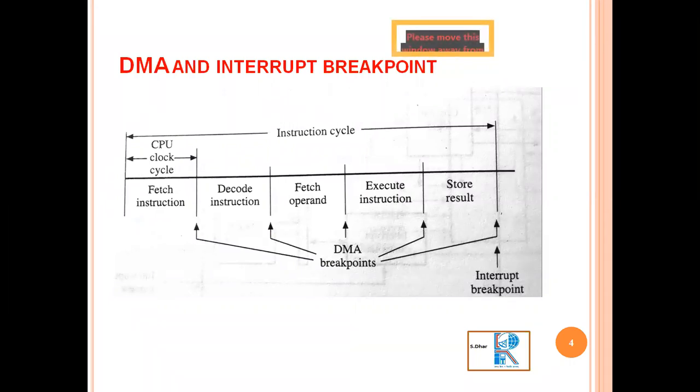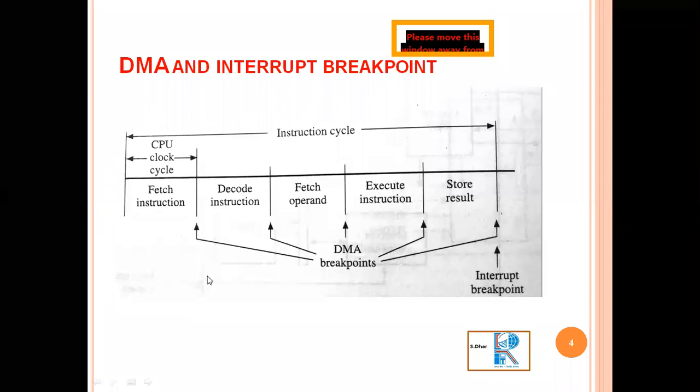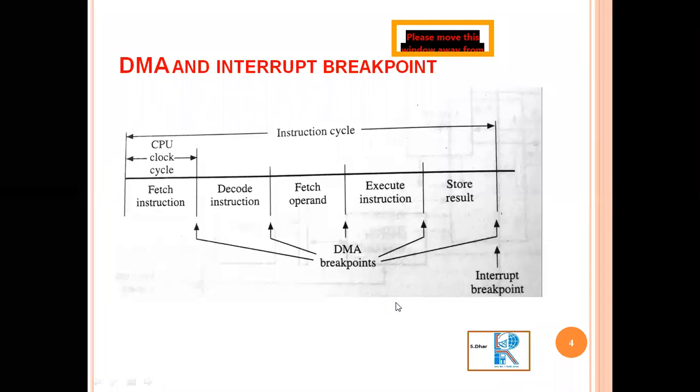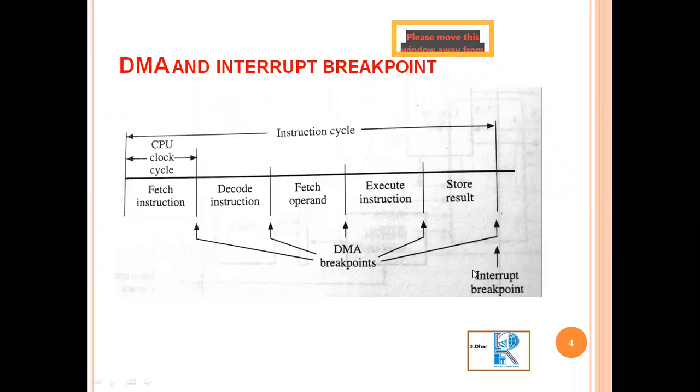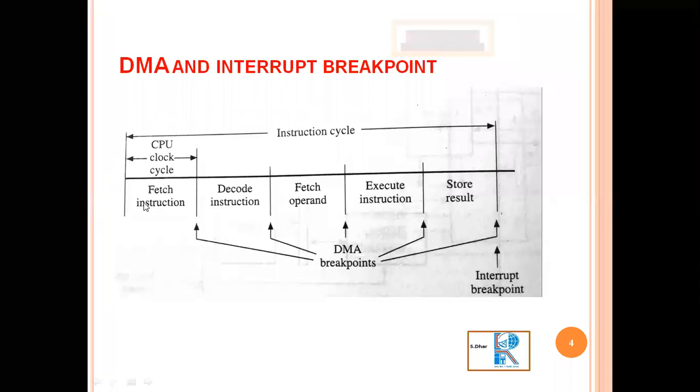In the previous case, the interrupt: suppose the CPU is executing some instruction when an interrupt comes. The CPU can only service the interrupt routine after the completion of the particular instruction. So this is the interrupt breakpoint. This is the total instruction cycle. You know the total instruction cycle: fetch, decode, memory read, execution, and memory write.